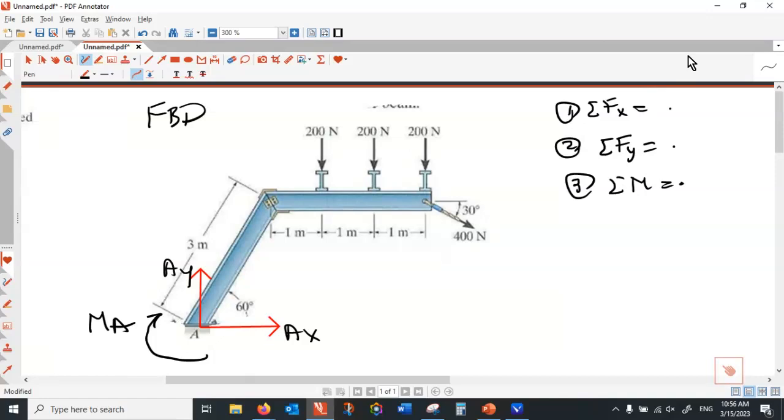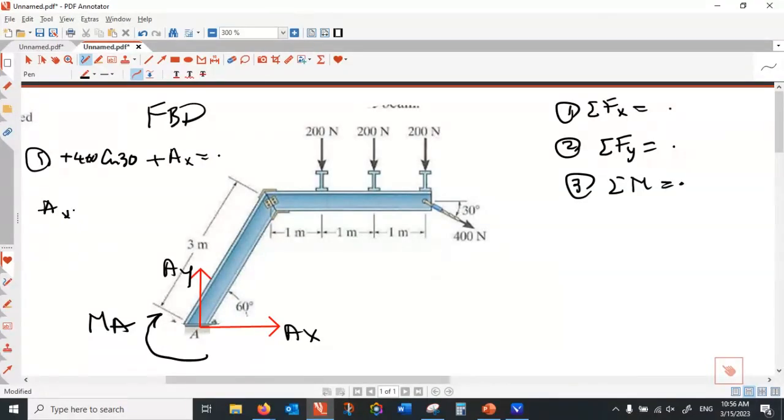Which one? Fx. Well, if I apply Fx, yes, you are right. Fx would give me AX. All right, thank you for that. So if I start with equation number 1, that is plus 400 cos 30 plus AX is equal to 0.